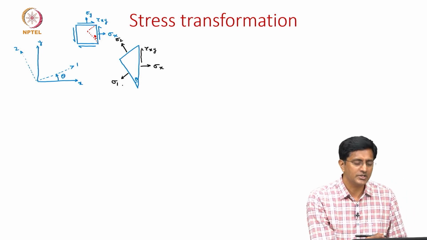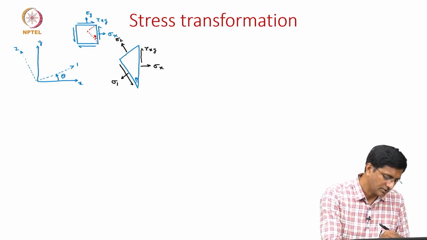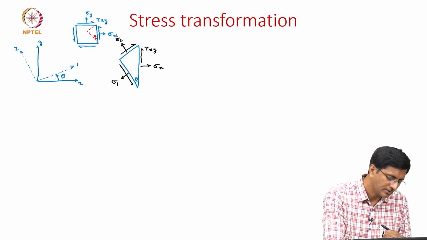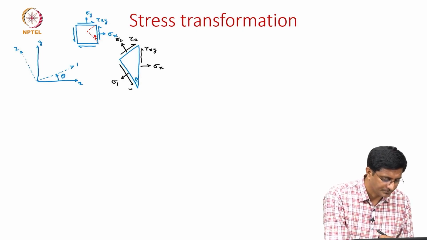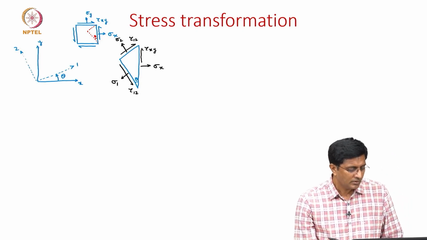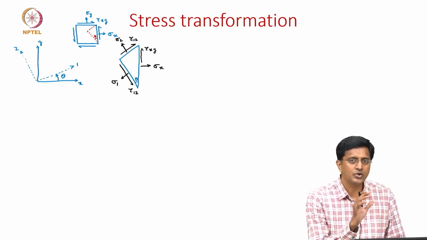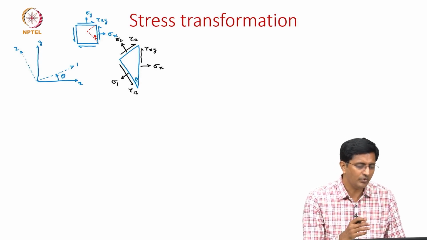And what about the shear stresses? We see that this is the shear stress, which is tau 1 2. Now that we have shown on each of these three faces there are two stresses, one normal and one shear stress, let us see how we can relate this.